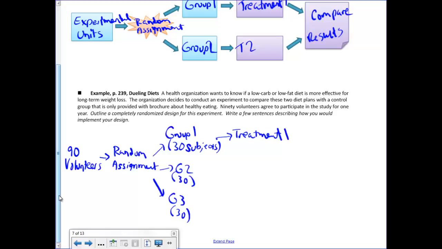Your first treatment would be, pick one of them, low carb, low fat, and then we'll have a control. Low carb. These people get treatment 2, which is low fat. And T3 will be our control.